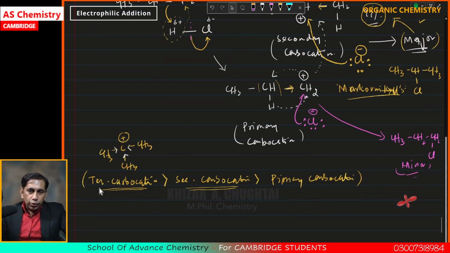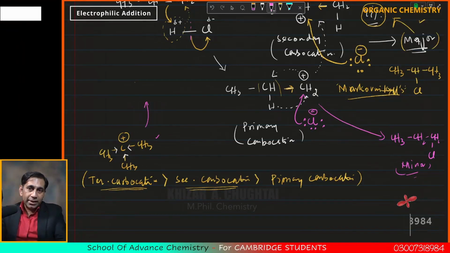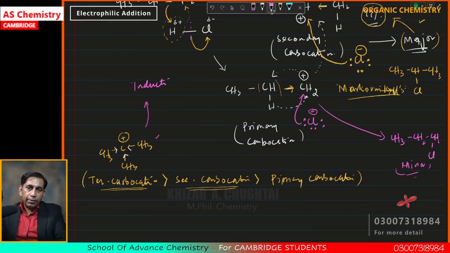Now, as I told you, a tertiary carbocation is more stable than a secondary carbocation, and that is more stable than a primary carbocation. The basic reason is that CH3 groups, all methyl groups, show an electron donating effect. They are electron donors, and this property is termed the inductive effect.